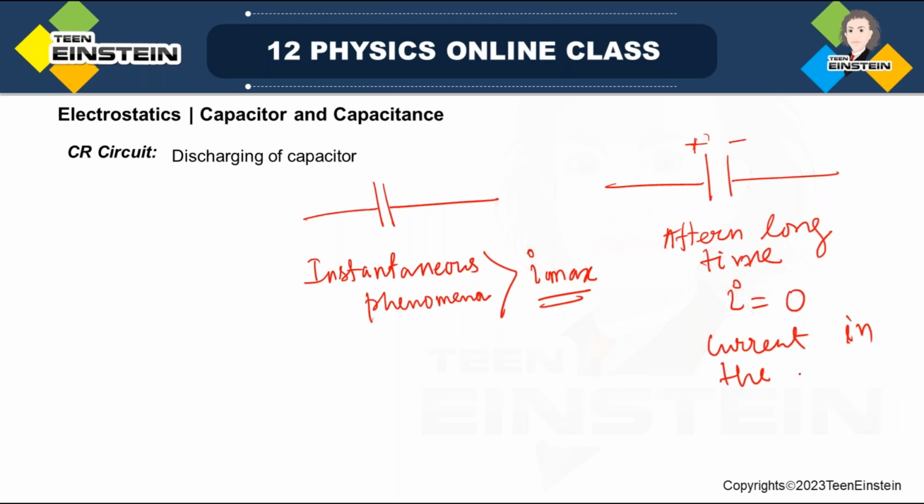So long time behavior of a capacitor is as an insulator, and short time or instantaneous behavior is like a conductor.